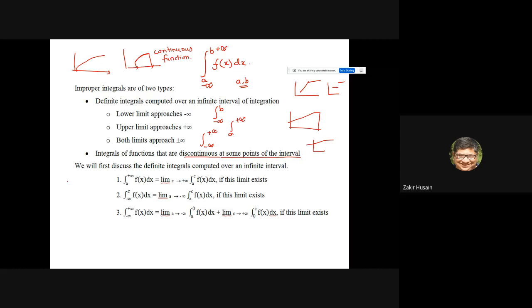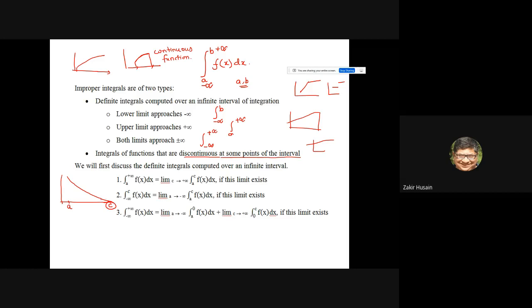Think of it like this: you have a decreasing function, and the function is approaching some point C. This may not always occur.